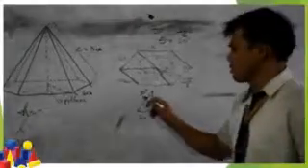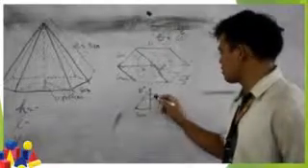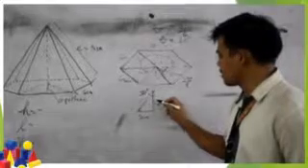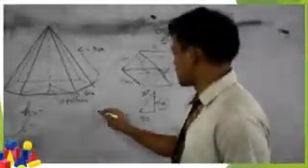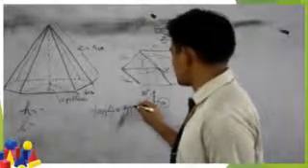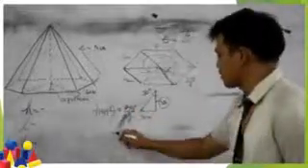Now that we know one of the angles of the triangle and the value of one of the sides, and we are looking for the apothem, we may use the formula tangent theta equals opposite divided by adjacent side.